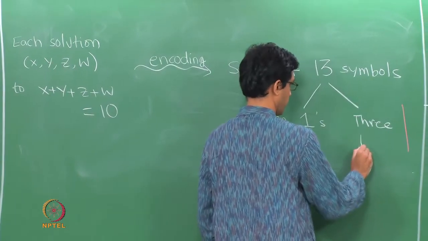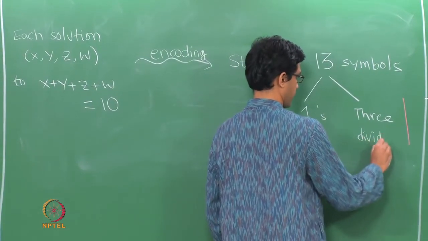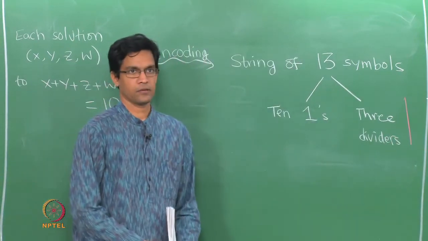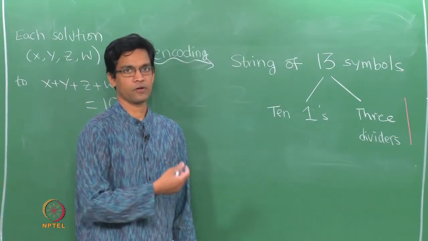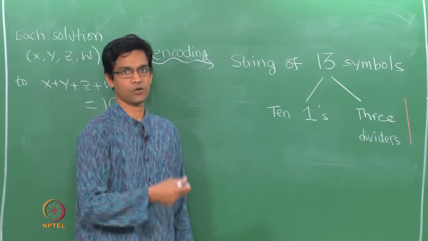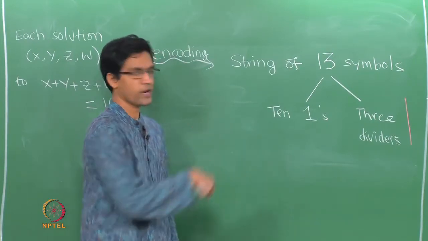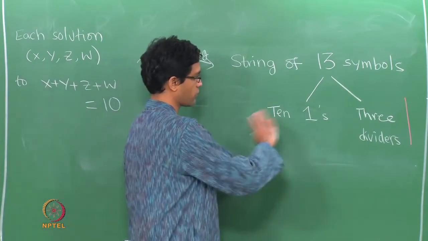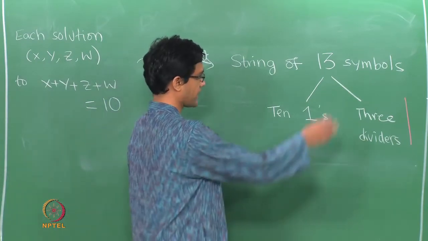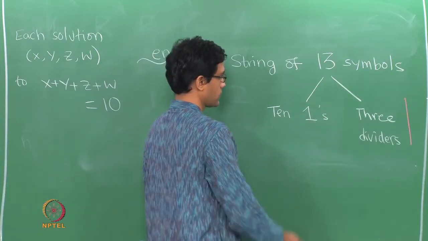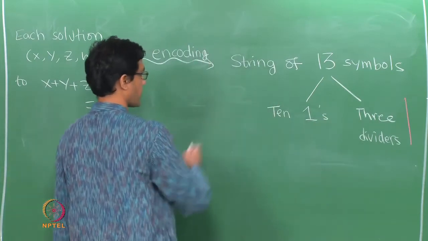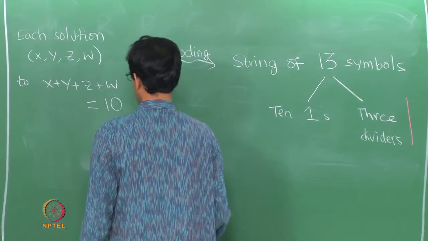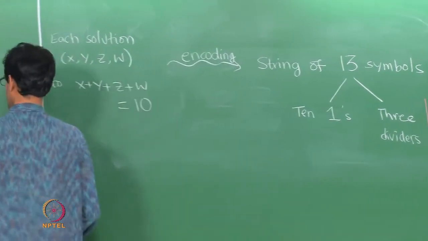Often the divider itself is hard to write when the other symbol is a 1. So to make it uniform, we replace the divider by a 0. So instead of looking at a string of 1s and dividers, we might as well just look at a string of 1s and 0s.